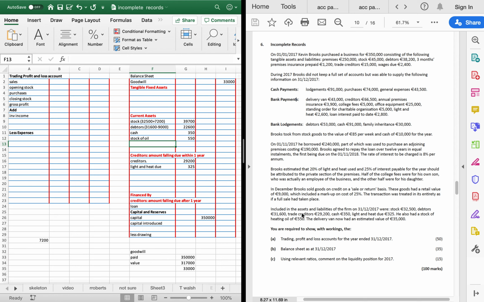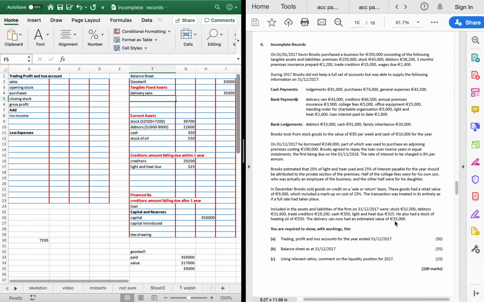Then it tells us the delivery van is an estimated value of 35,000. So delivery van is a fixed asset. Its value is 35,000. I'm going to put it in there.